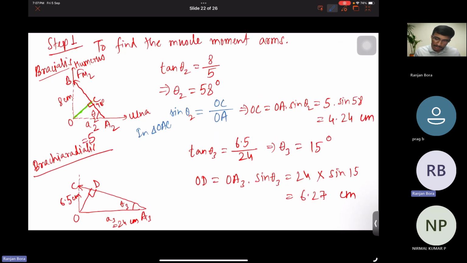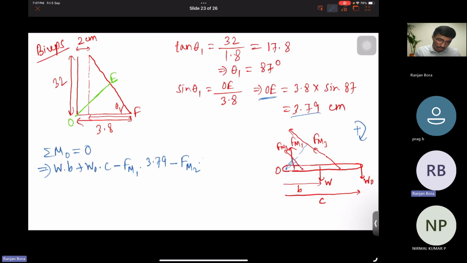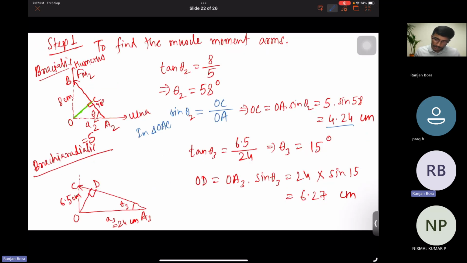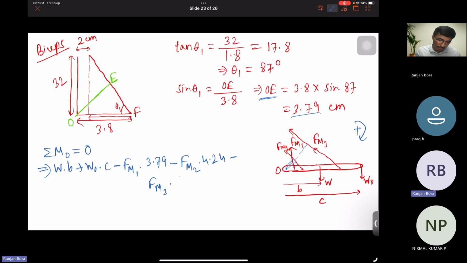For brachialis muscle, the moment term was 4.24, minus, and FM3 was the brachioradialis, for which the moment term was 6.27.